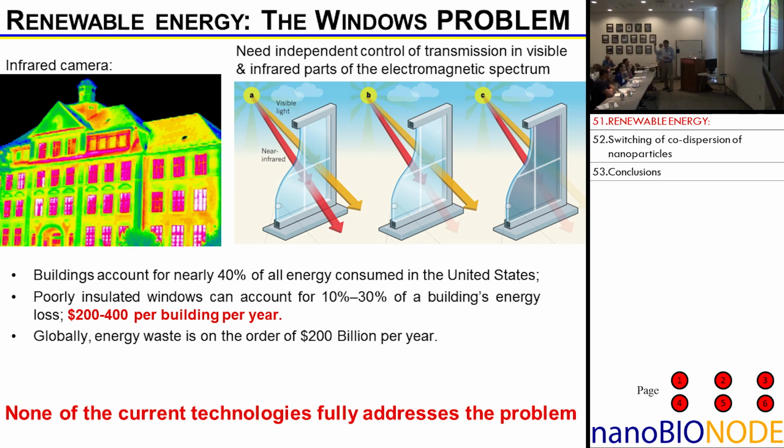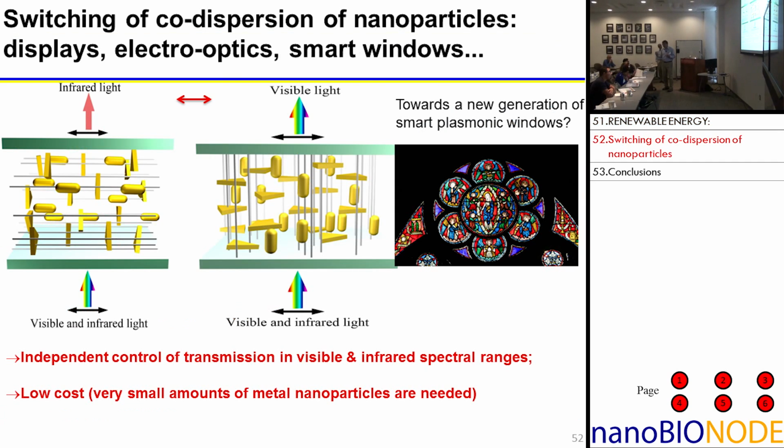So 20% of building energy is wasted, lost through windows. If you find ways of using plasmonics, for example, to improve efficiency, that's a huge potential for energy saving, right? And this can be done, conceptually we showed, using the dispersions of metal nanoparticles inside of liquid crystal medium, right?